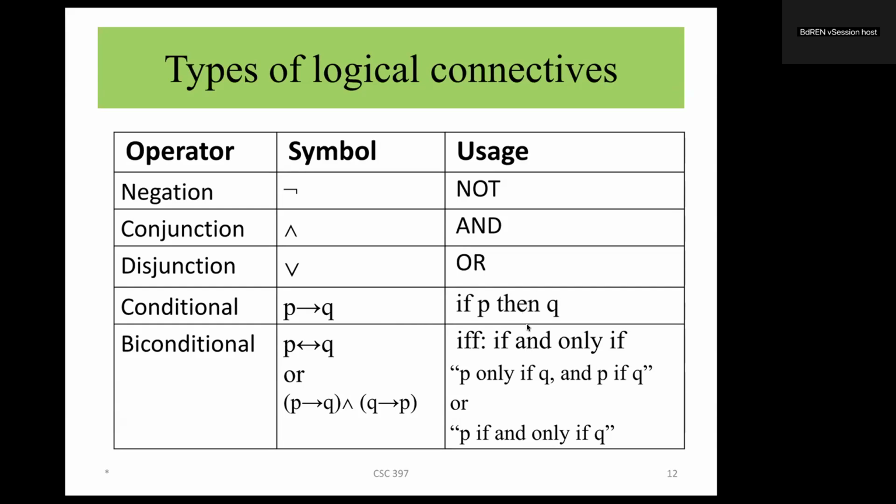So it is only false if the first part, the if, happens, but the second part, the then, fails to happen. So basically we read this symbol, let's say, P implies Q.